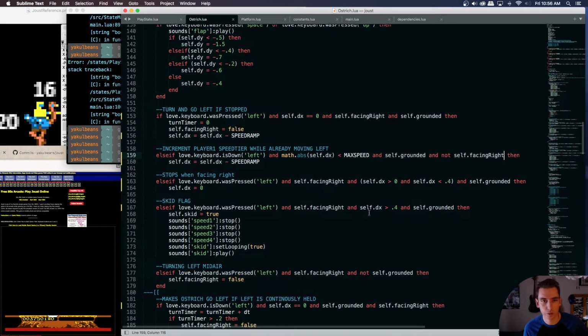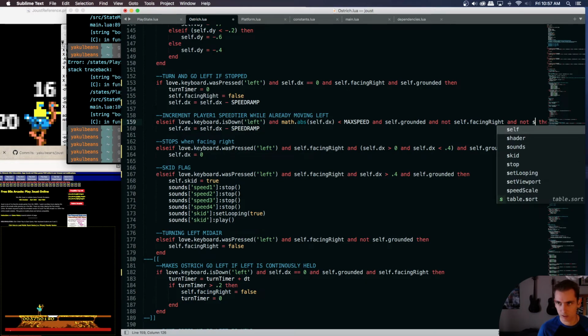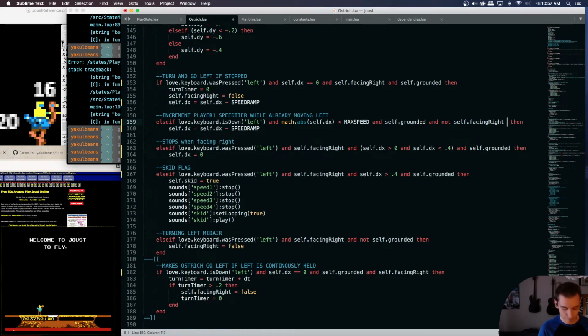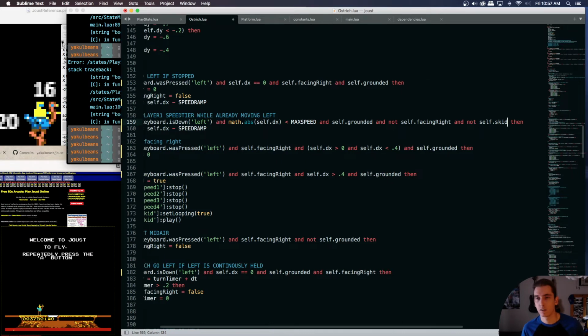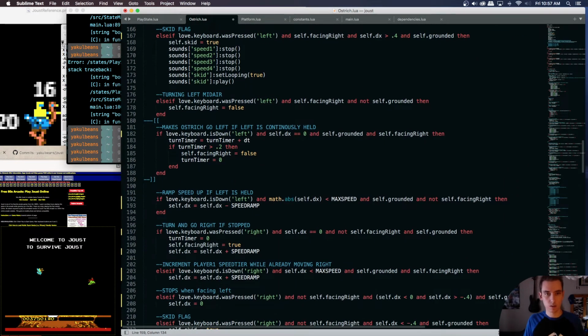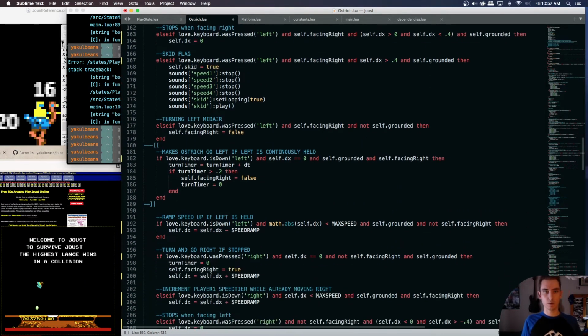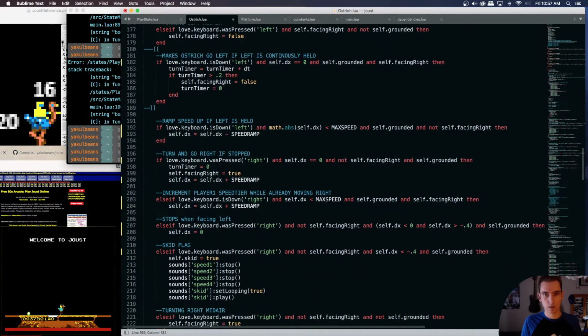But there's also this one, which is kind of the skid flag, or the turn after done skidding. So yeah, maybe we just say right here and not self-skid. So maybe we do that for the right as well. Oh, it's under increment speed tier while already moving left. Right here.